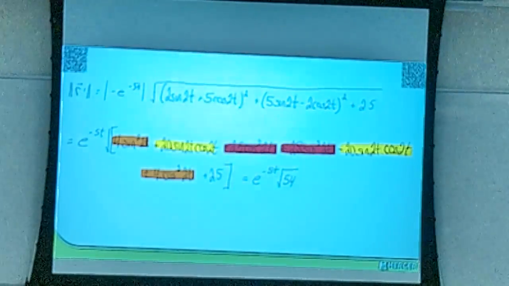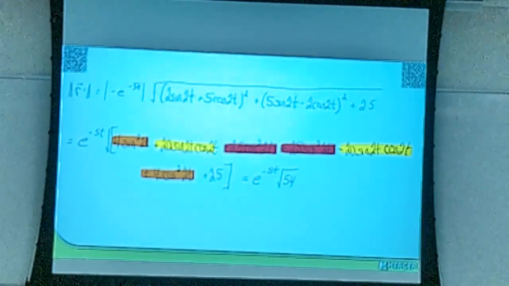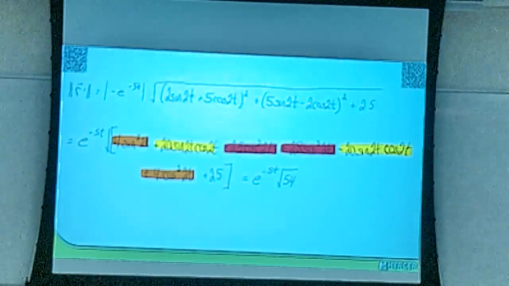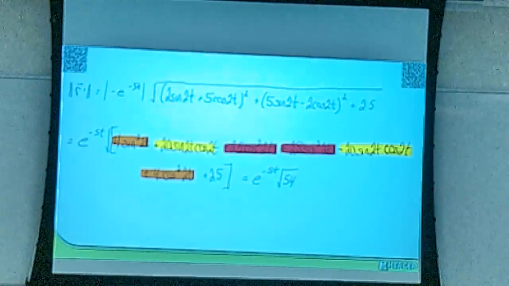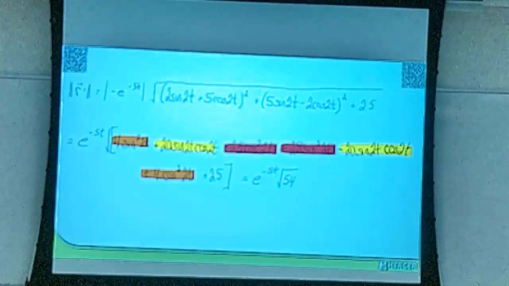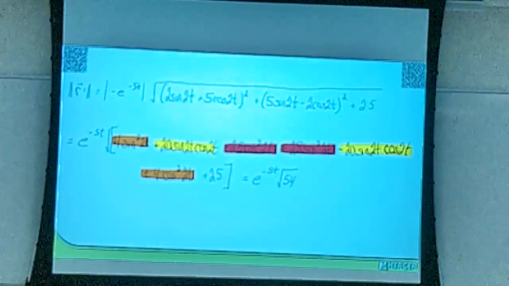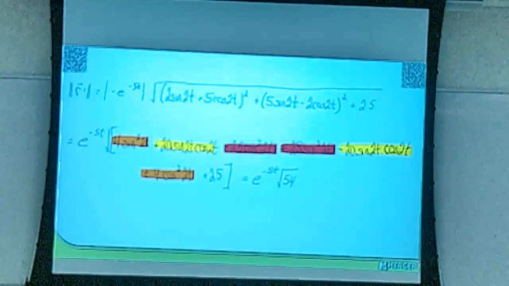And can that be simplified? What's the prime factorization of 54? It's 2 times 3 cubed.